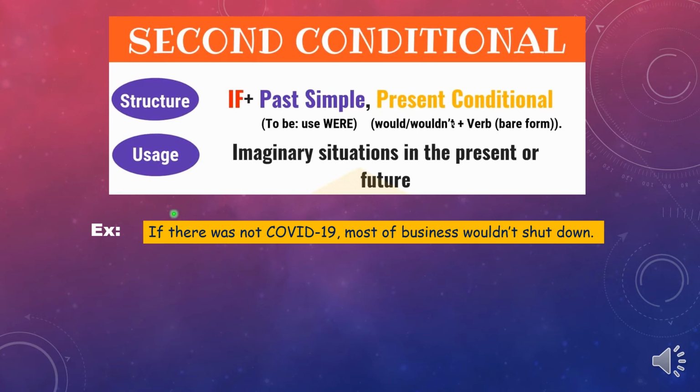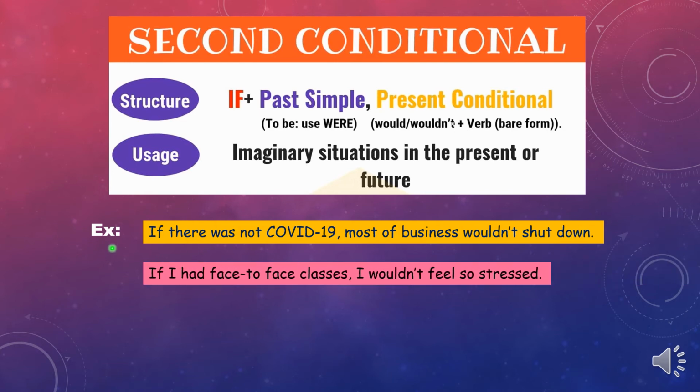To be, and the other would plus the verb in base form. Would plus verb in the base form. Okay? Next, if I had face-to-face classes, I wouldn't feel so stressed. Si tuviera clases presenciales, no me sentiría tan estresada o estresado.